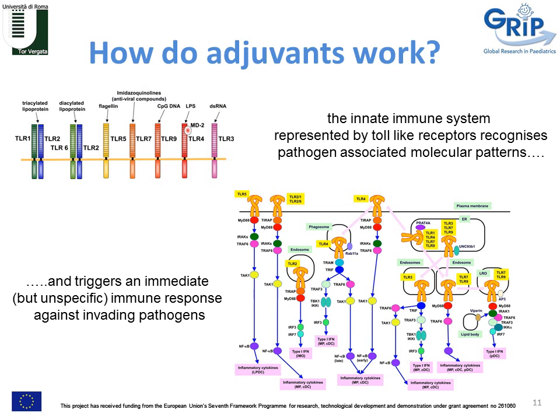So this is a very complex yet simple mechanism to allow an immediate response against invading pathogens. So that means that the innate immune system is represented by these toll-like receptor structures which recognize simple pathogen-associated molecular patterns. And this is sufficient to quickly trigger an immediate but unspecific immune response against such invading pathogens.